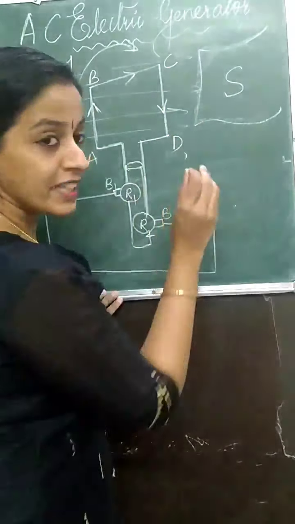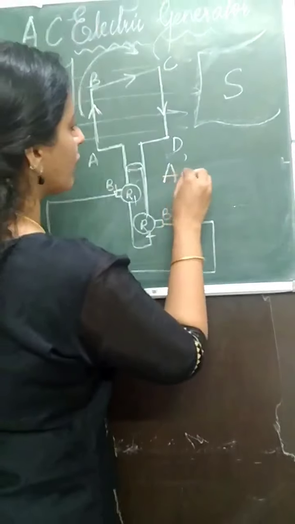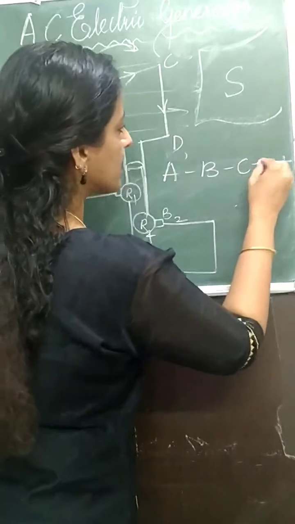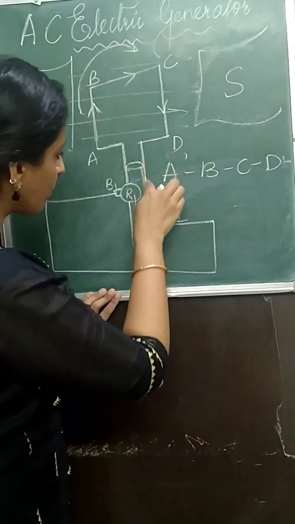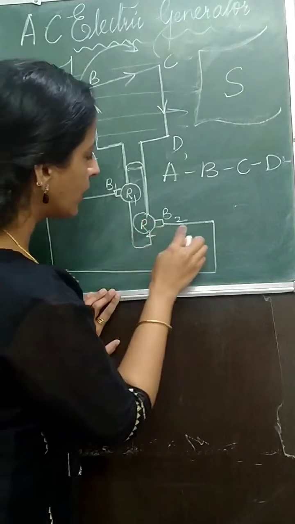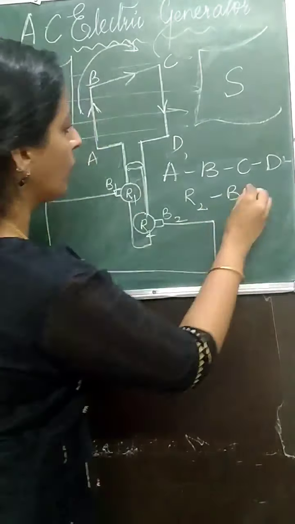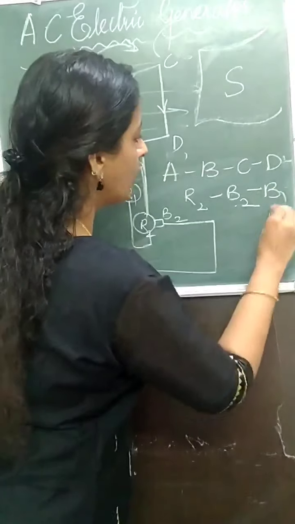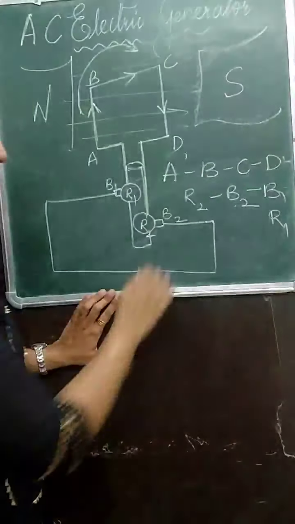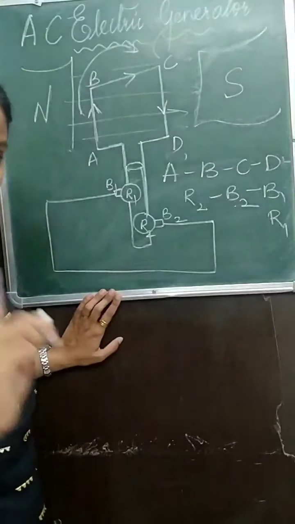So in the first rotation, direction of electric current is ABCD. From CD it will come to R2, then to B2, from B2 to B1, and then to R1. This is the direction of electric current in the first rotation.